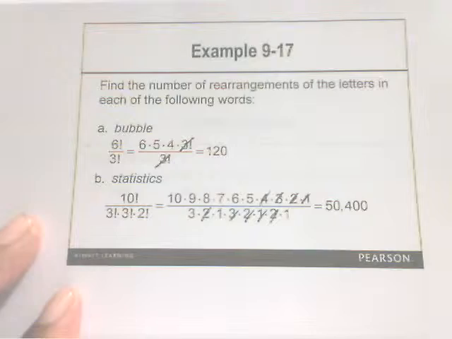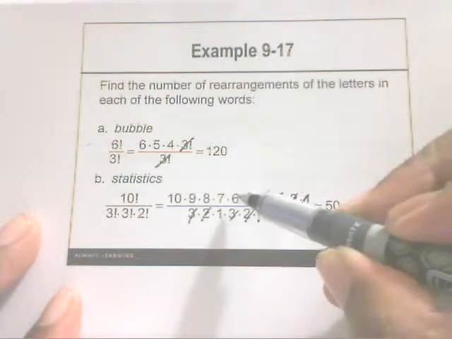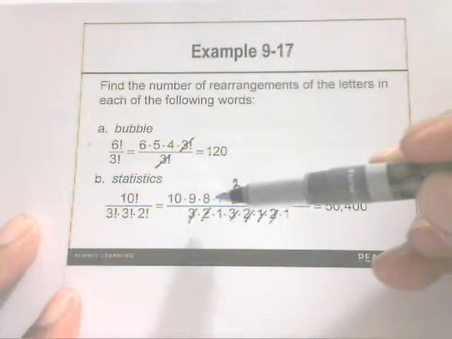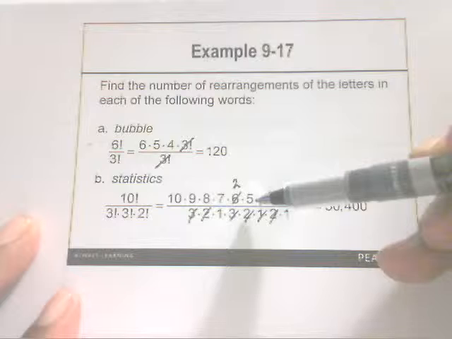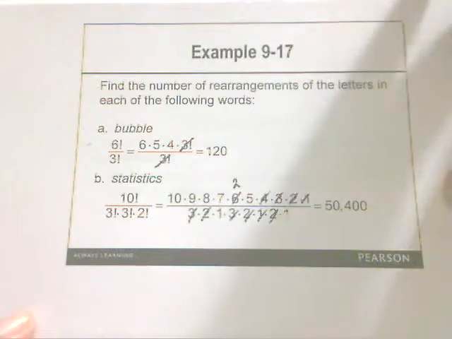And then also I see that 3 can go into 6 2 times. And then you can just say 10 times 9 times 8 times 7 times 2 times 5. You'll end up with 50,400. So there are 50,400 rearrangements of the letters in the word statistics.